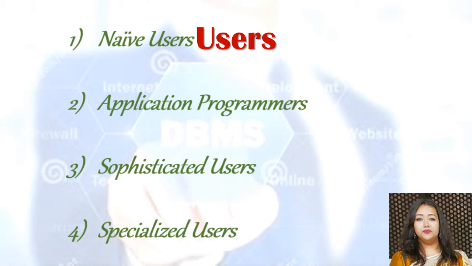Application programmers are computer professionals who write application programs. Application programmers can choose from many tools to develop user interfaces. Rapid application development, that is RAD, tools are tools that enable an application programmer to construct forms and reports without writing a program.